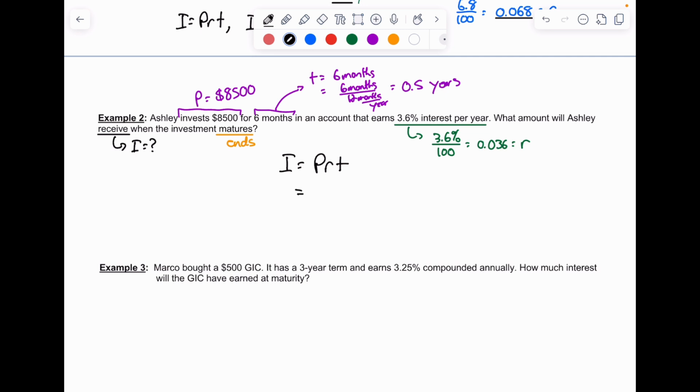So she takes 8,500 and puts it in at a rate of 0.036 and for 0.5 years. All right, well, let's use our calculator. 8,500 times 0.036 times 0.5. There would be $153 earned over that, okay? So $153 was earned.